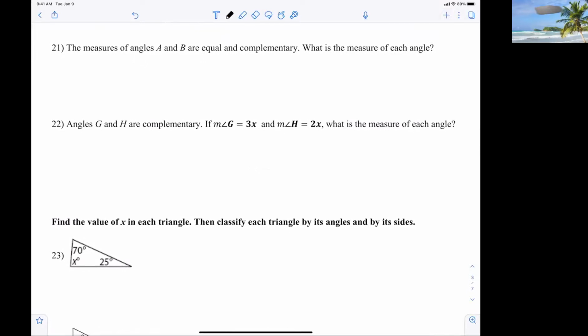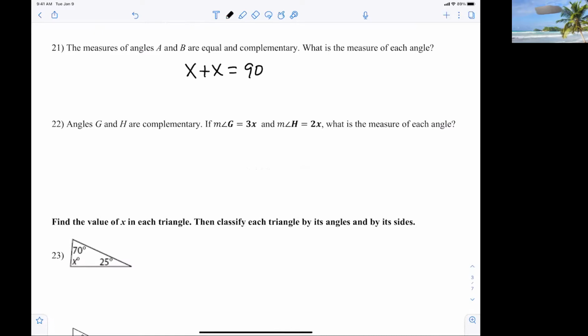Uh-oh, number 21. Yeah, because 45 plus 45 is 90, and they're equal, right? What I'd like everybody to do right now is write down x plus x equals 90. So what's x plus x, guys?